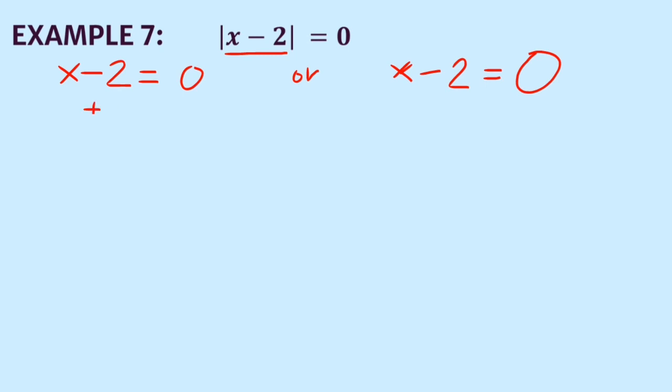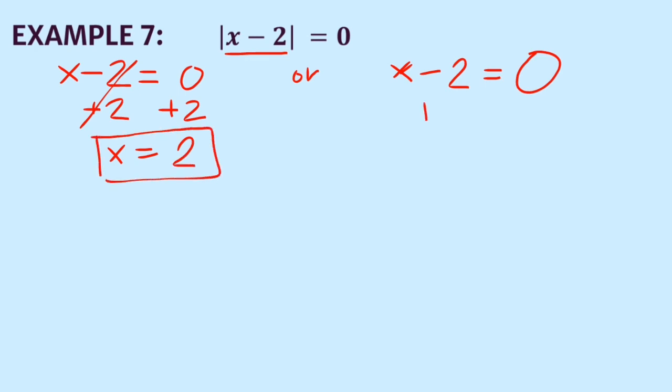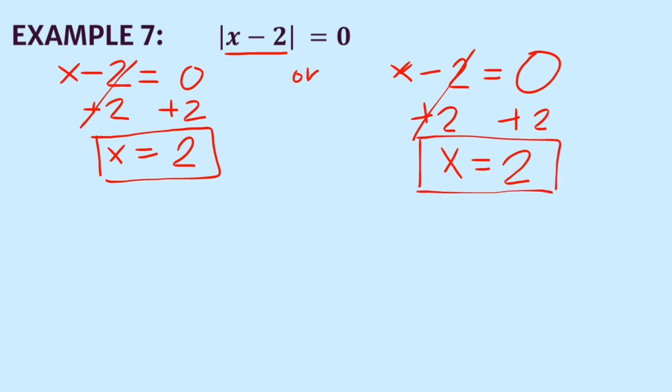So we have to add 2 on both sides, and this will be cancelled out, and we're left with x equals what is 0 plus 2? It is 2. Same goes for this one, because it is just the same. Cancel out and 2. Now, let's do some checking. In doing the checking, we have to use the original equation, which is the absolute value of x minus 2 equals 0.